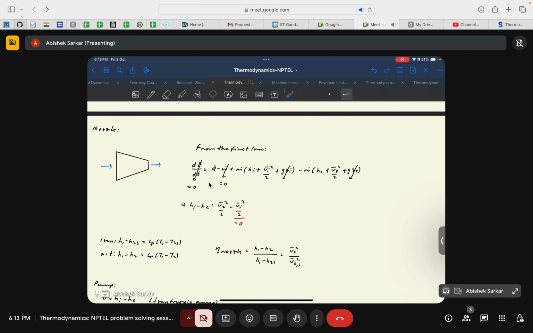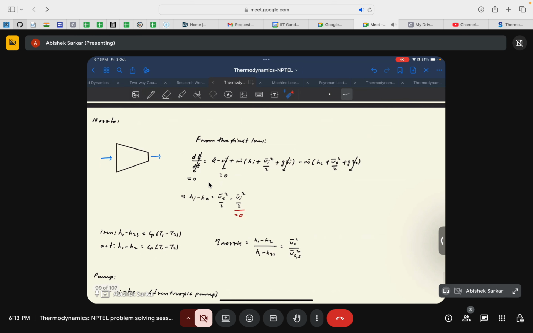Okay. So again, now if we start with the steady flow energy equation, since it's a flow device, or a control volume through which the flow passes, and our focus remains within the boundaries of the device, we have to use this steady flow energy equation for understanding these kinds of devices.